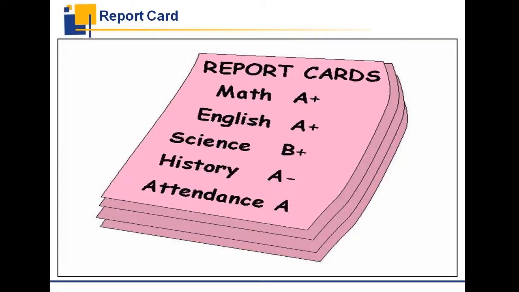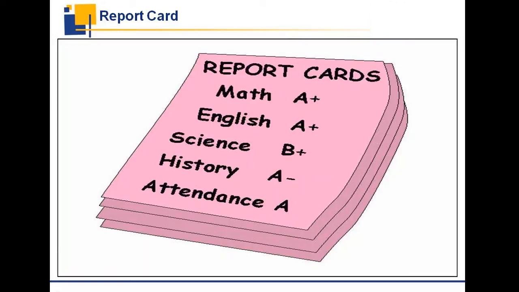Then also we need to consider the system of the school: whether the school is very lenient, in which the majority of people get C plus, or very strict, where very few people get A plus. So getting A plus will be very different in the first school versus the second school.